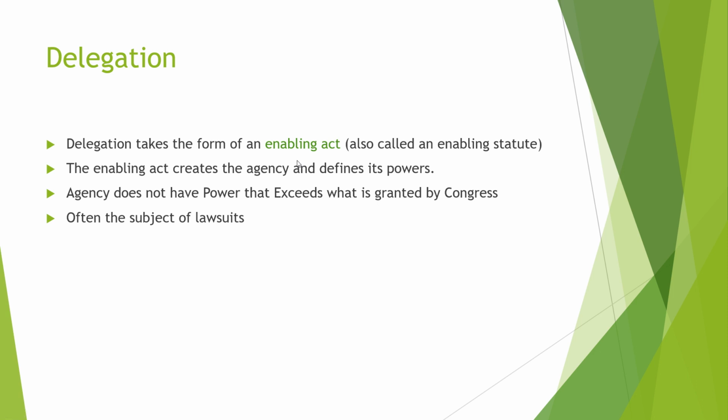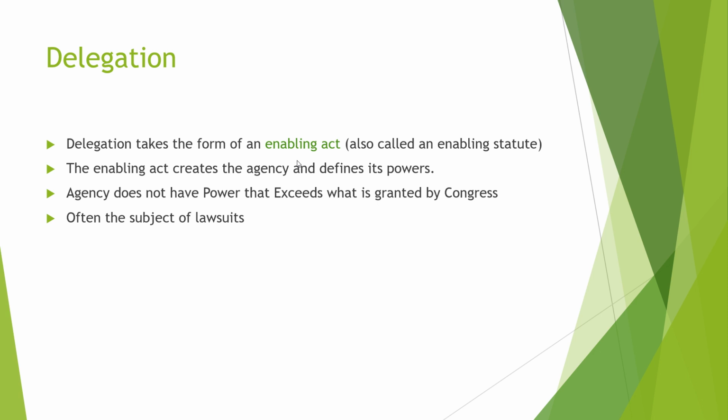Okay, so if we're talking about the Clean Air Act, the Clean Air Act gives the EPA certain powers. If the EPA exceeds the powers from the Clean Air Act, then you can go to the courts and strike down the action of the agency.